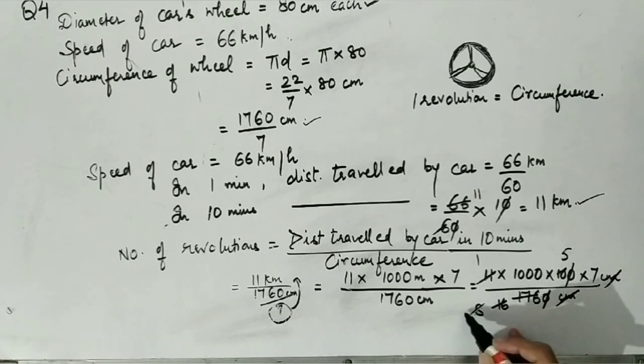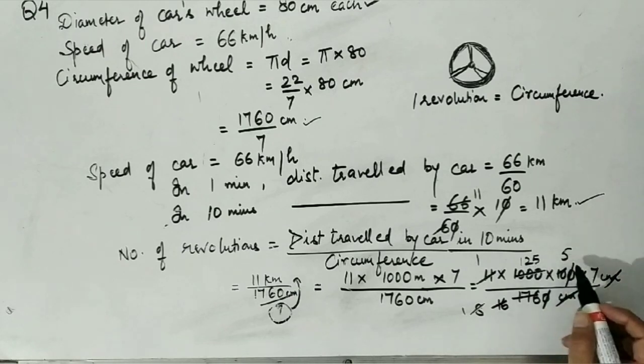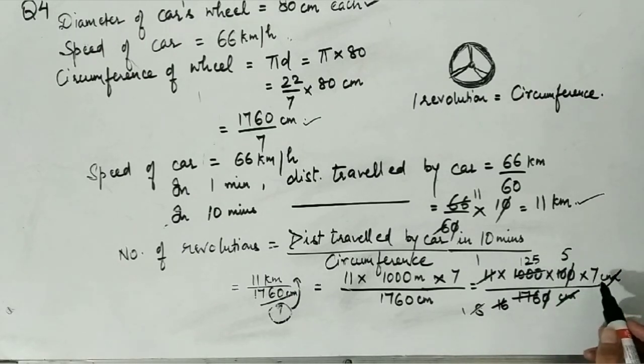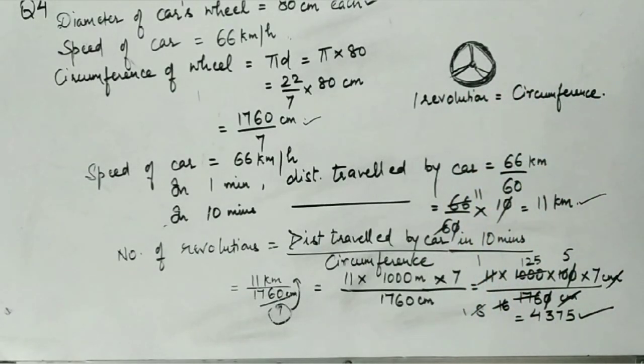This becomes 125. So 125 into 5 into 7 would be 4375. So these many revolutions the wheel would make so as to cover that distance in 10 minutes, traveling with a speed of 66 kilometers per hour. I'm sure this must be clear.